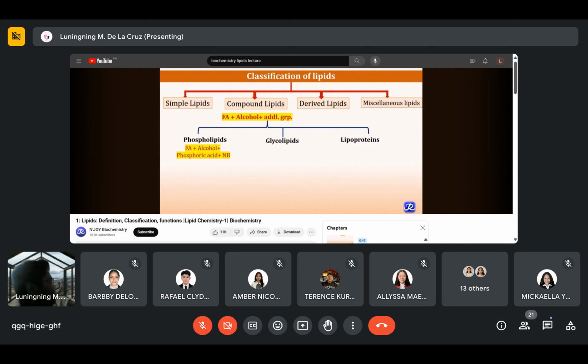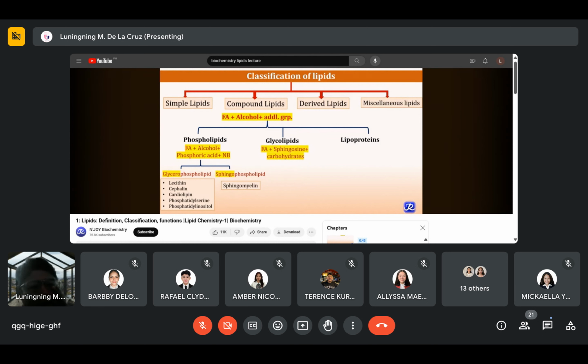Depending on the type of alcohol present in the phospholipid, they are further classified as glycerophospholipid if the alcohol is glycerol, and sphingophospholipid if the alcohol present is sphingosine. Lecithin, cephalin, cardiolipin, phosphatidylserine, phosphatidylinositol, plasmalogen, these are the examples of glycerophospholipid which contain glycerol as alcohol, and sphingomyelin contains sphingosine, and sphingomyelin is the example of sphingophospholipid.